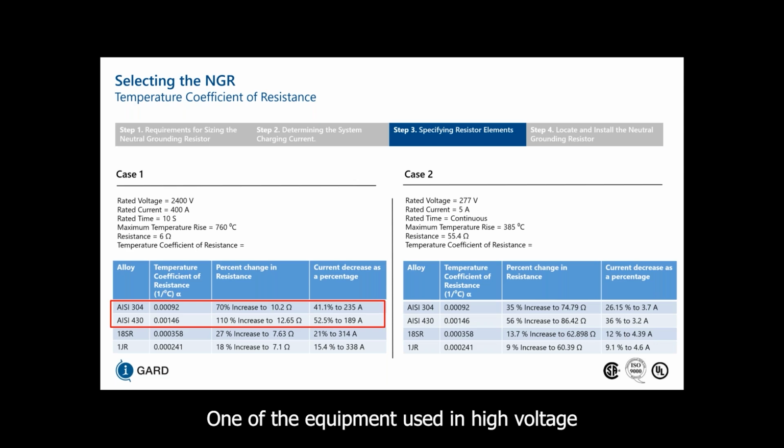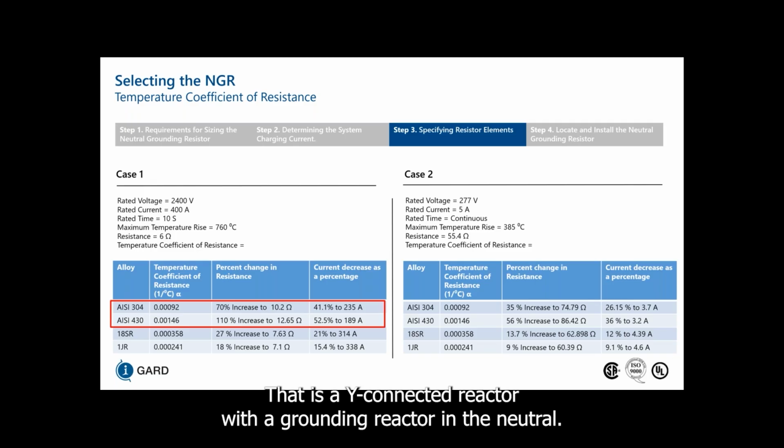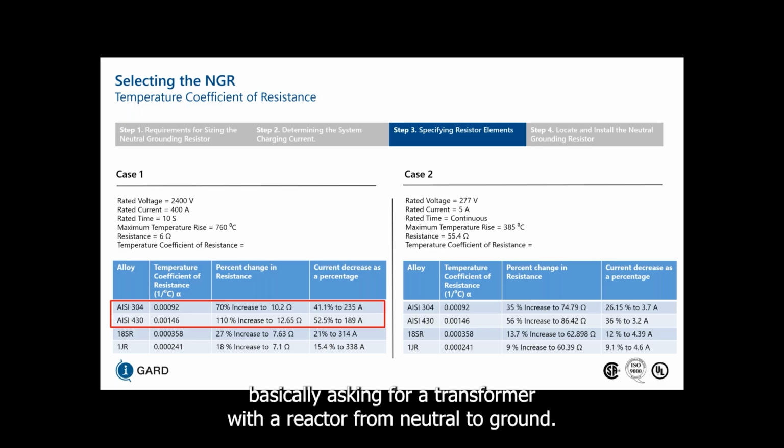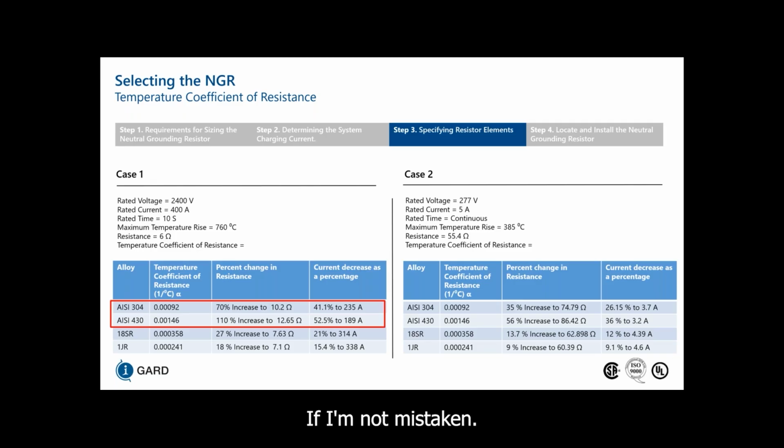One of the equipment used in high voltage systems is called a four-legged reactor. That is a Y-connected reactor with a grounding reactor in the neutral. I don't think there's a similar concept for resistors, probably because with the four-legged reactor, you're basically asking for a transformer with a reactor from neutral to ground, if I'm not mistaken.